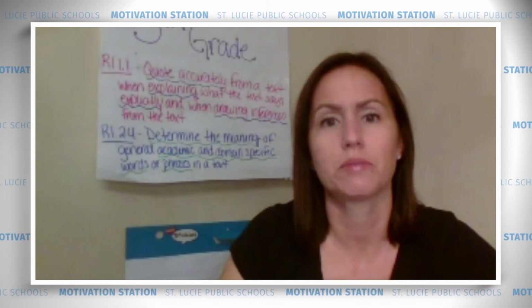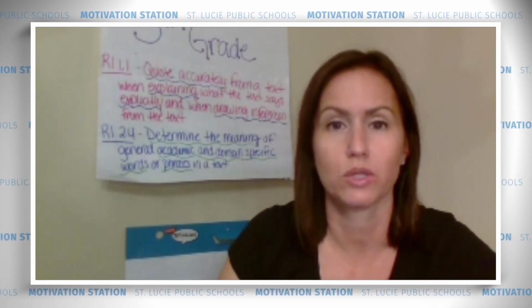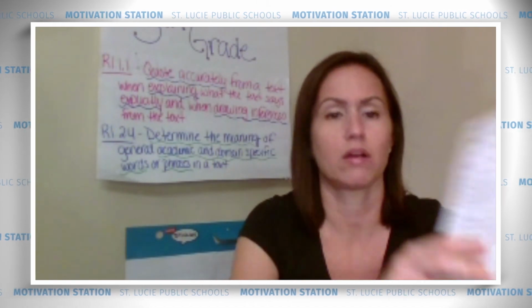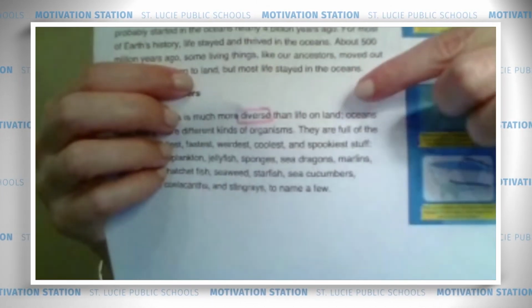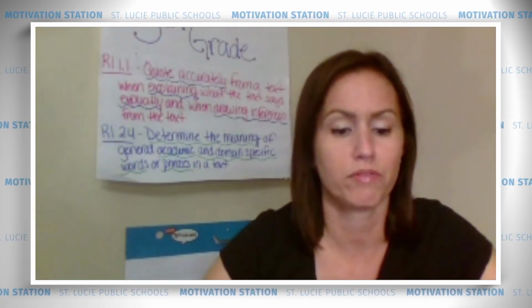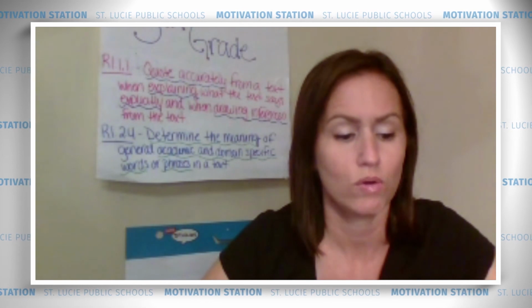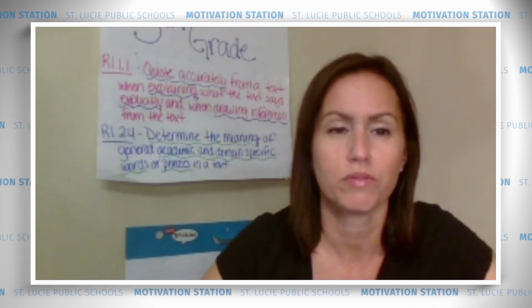And we also need to make sure we know words, all the words to understand the text. So if we come across a word we don't know, I highlighted or boxed the word diverse right here. It says life in the ocean is much more diverse than life on land. Oceans have many more different kinds of organisms. So diverse.